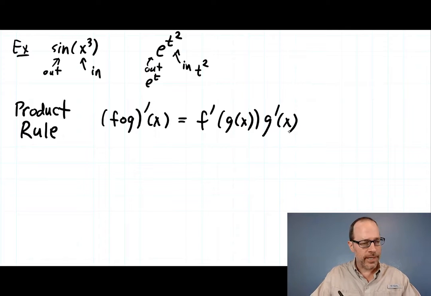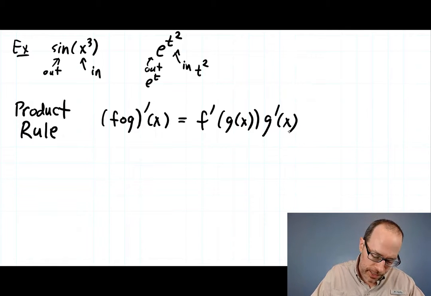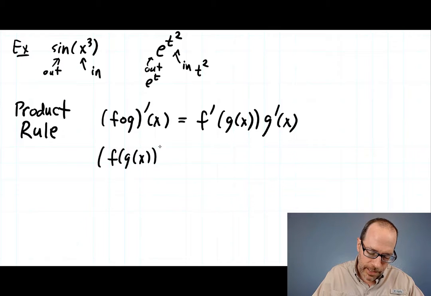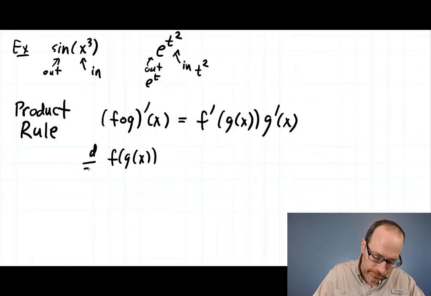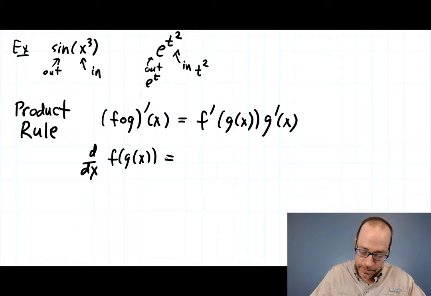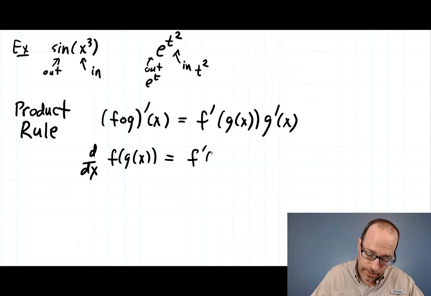You can also write the derivative using that other notation, namely f of g of x. If you want to know this guy's derivative, we'll write it this way. It'll be the same thing. f prime at g of x times g prime at x.